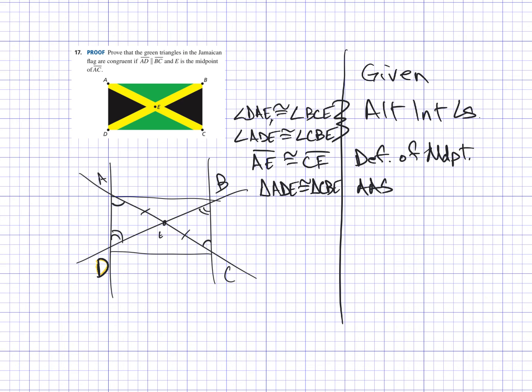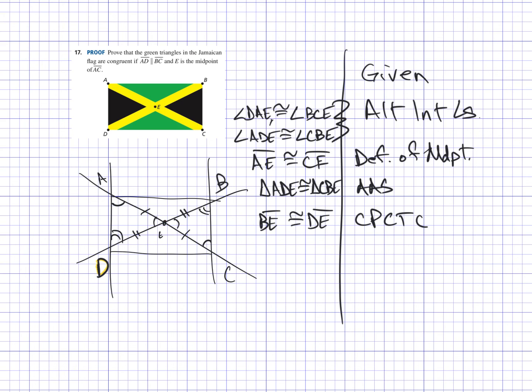Okay, and if those are congruent, then you can say all the other parts are congruent. And so I'm going to focus more on B to E. So BE has to be congruent to DE. That's CPCTC. Corresponding parts of congruent triangles have to be congruent. Also, you have that angle, but we don't need to say that. We're trying to get the top triangle and the bottom triangle to be congruent, and we have it.